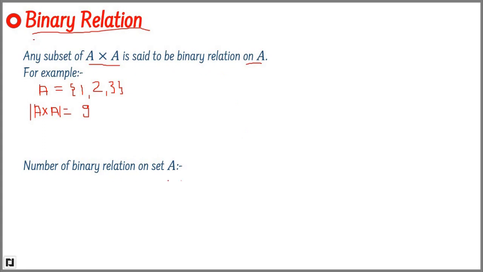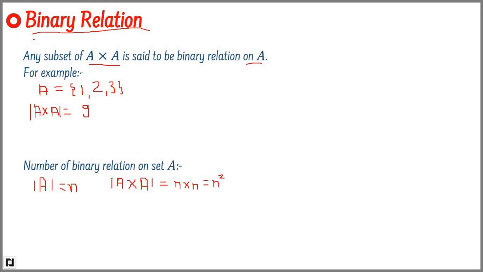Number of binary relations on set A. If we are given a set A whose cardinality is n, then the cardinality of the Cartesian product of A and A is equal to n into n, which is n square.